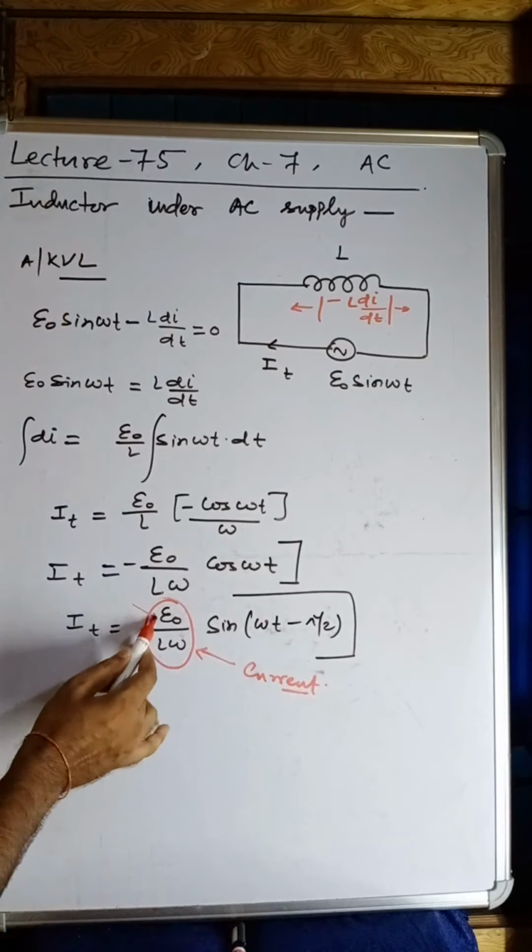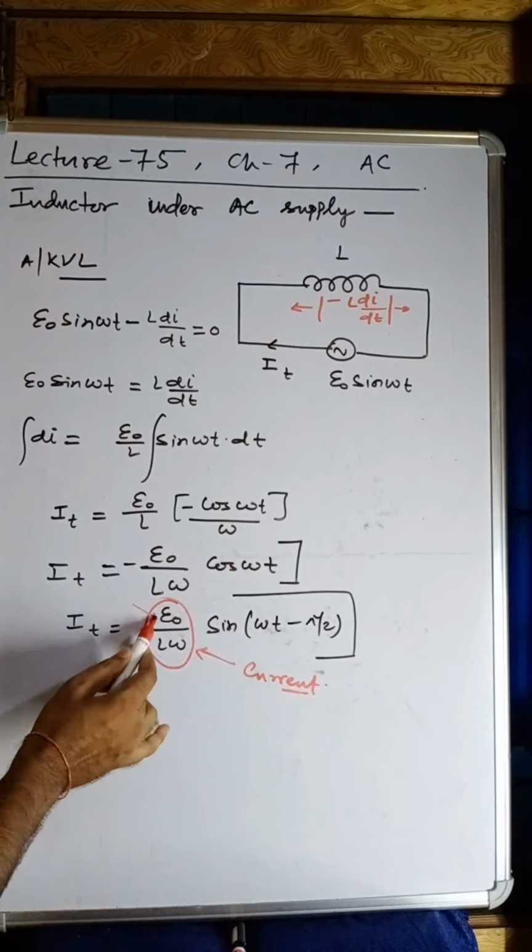Okay, my dear students. So the current I can be written as, let me grab this, the peak value I naught. Here you can write I naught is E naught by XL. Could we write that, my dear students?